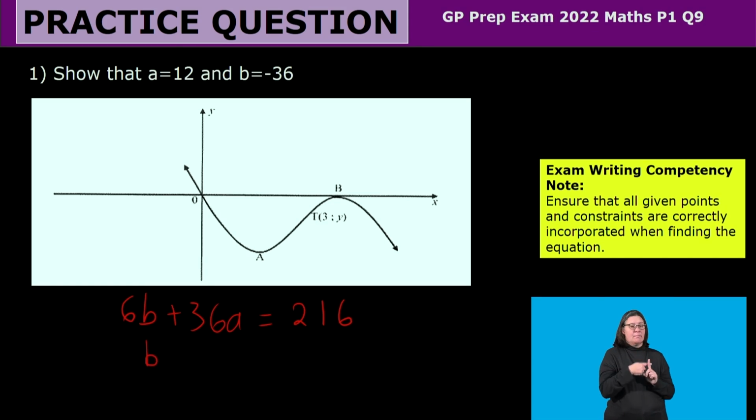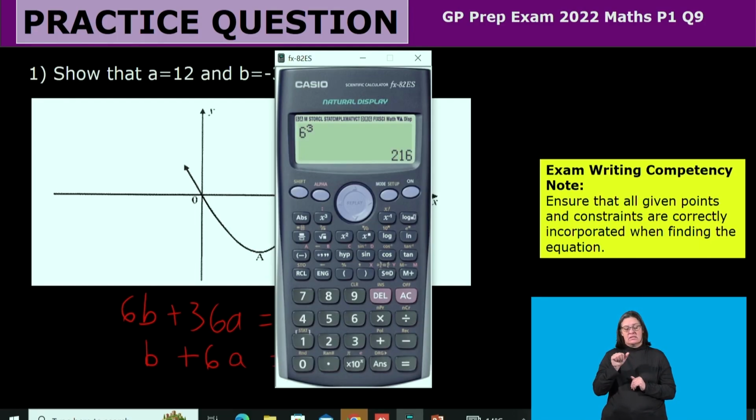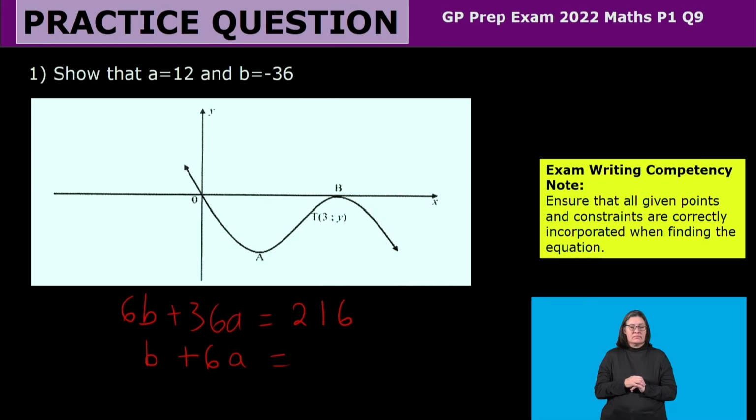We get b plus 36 divided by 6 gives me 6a is equal to, and let's double check, 216 divided by 6 is going to be 36. Okay, we can rewrite this expression as b is equal to 36 minus 6a, and we'll call that equation 1.